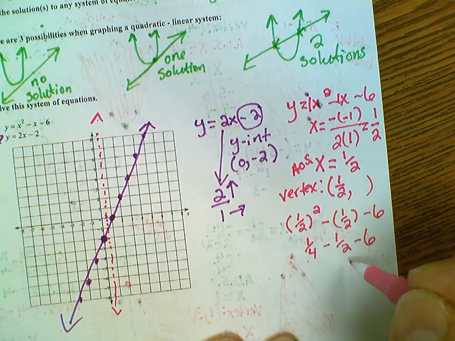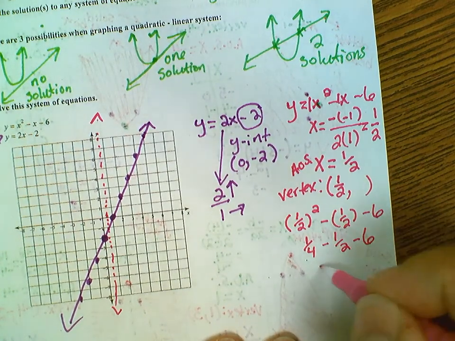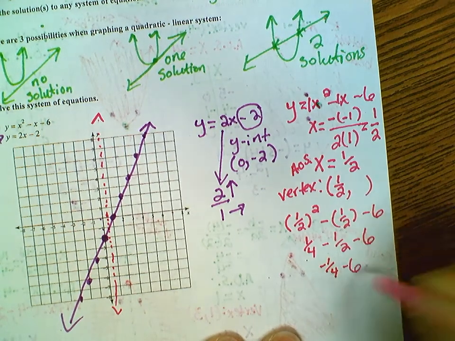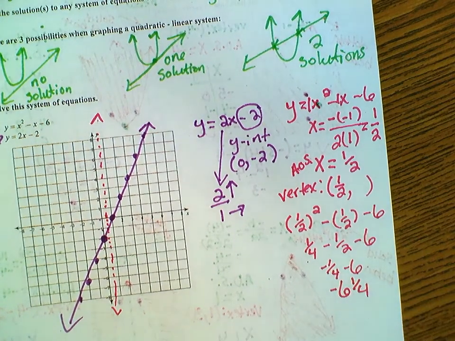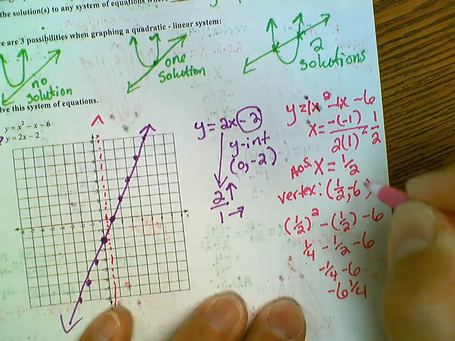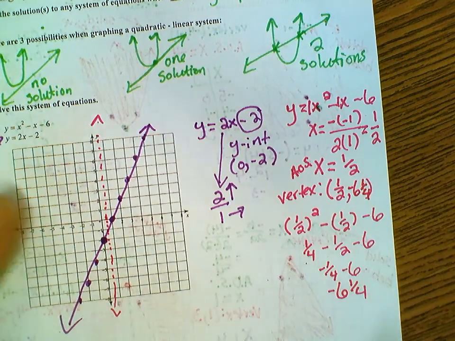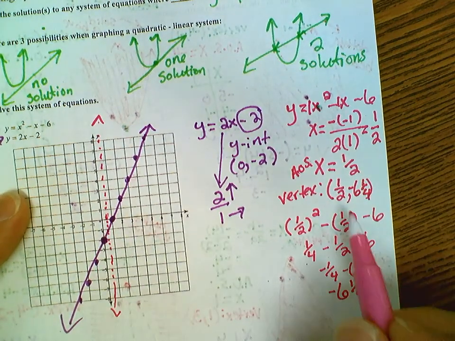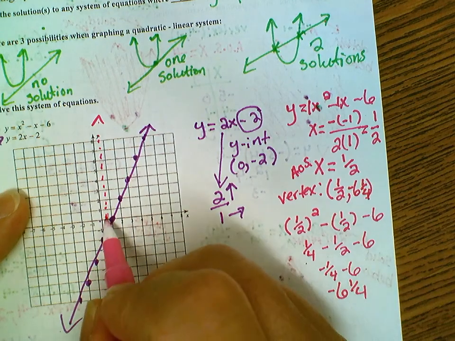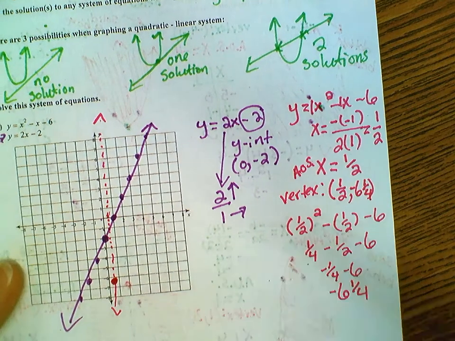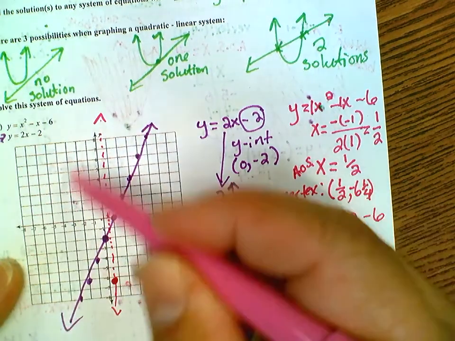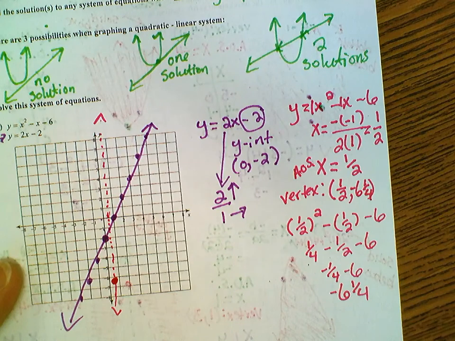And so 1/2 minus 1/4, so that's 2/4, that's a negative 1/4 minus 6. So that's a negative 6 1/4, or 6.25. So my vertex, I go to 1/2, which is where my axis of symmetry is. I'm going to go down 6 and a little further, and there's my vertex. And this is positive, so I know it's going to open upward. All right, so let's look at a table.